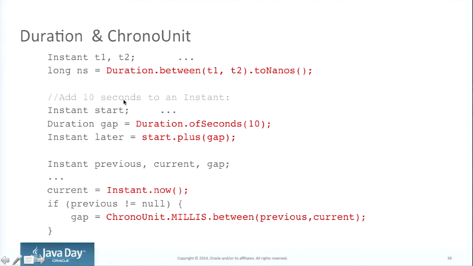If you want to add something to your instant, you get a duration of 10 seconds, and then in your instant you just call plus and then that duration. So from your instant, you're just going to add those 10 seconds.